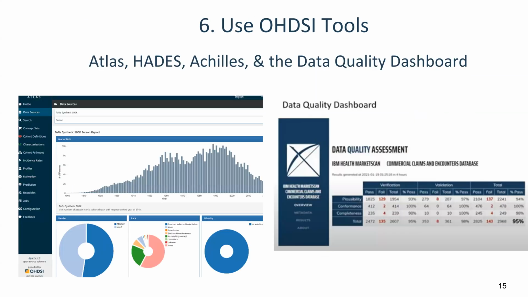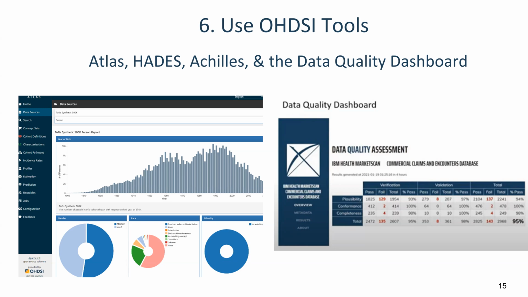So the other big thing is taking advantage of all the Odyssey tools. Some of the big tools that really can help you when you're ETLing are the Atlas tool with the Achilles package in it. That tool will provide you some visualizations on your data. It'll give you the time trending for how the data is being entered into your database, and it'll give you a way of visually looking for outliers, which is really a powerful tool.